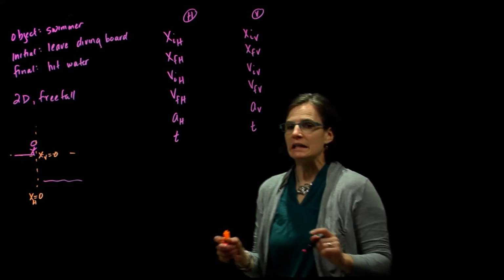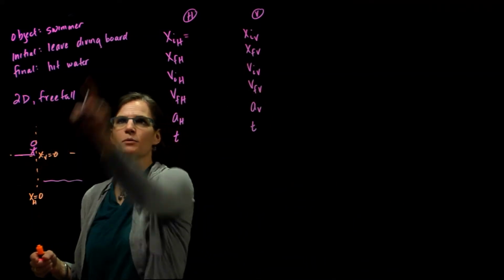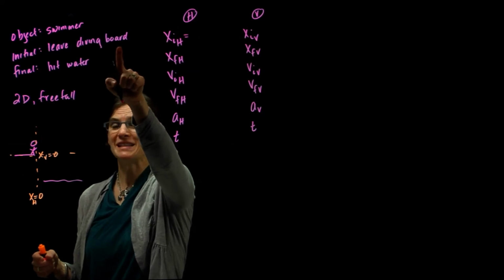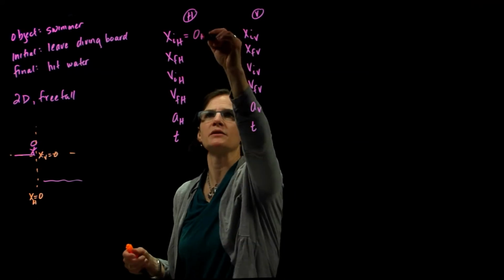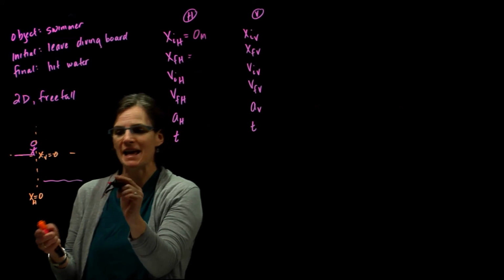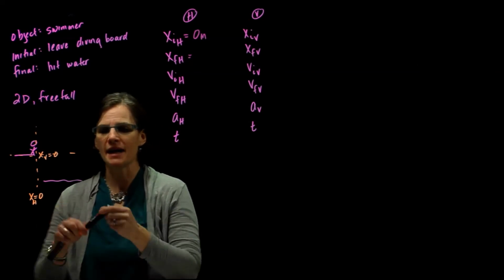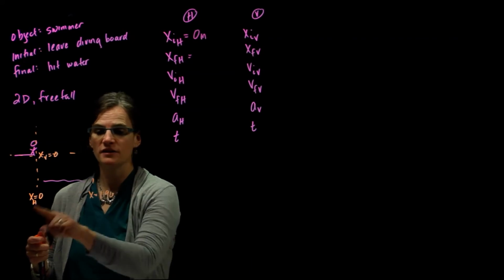All right, our initial horizontal position. Well, we've defined that edge of the diving board, that leaving the diving board position, as our horizontal 0. So that's going to be 0 meters. Our final horizontal position, we're told the swimmer lands 1.9 meters away from the edge of the diving board.